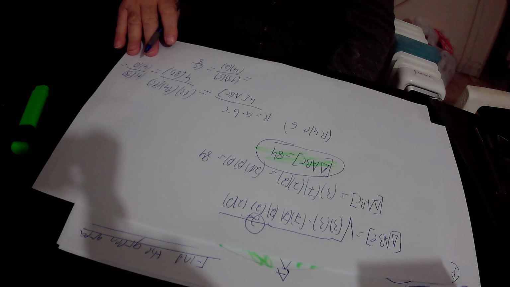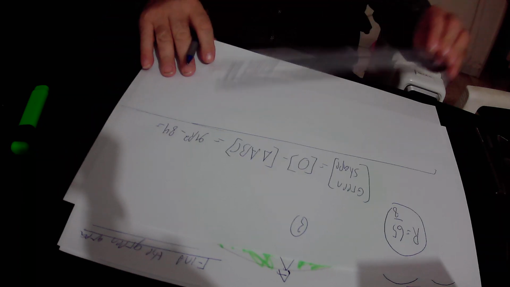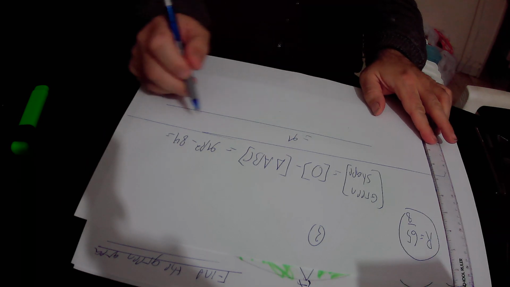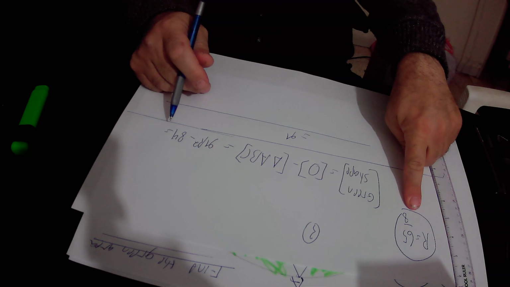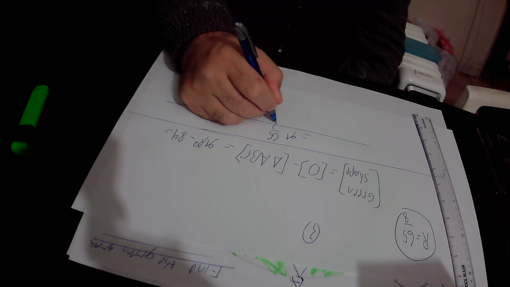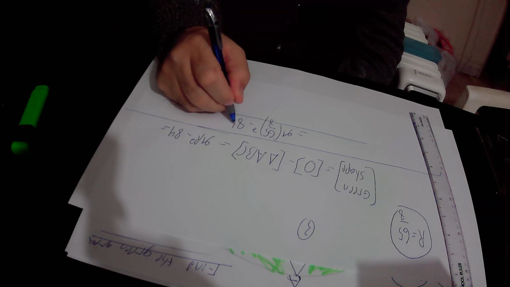I repeat again that we've already found out that the area of triangle ABC equals 84 square units. The area of the circle is equal to pi times r square. R equals 65/8, therefore r square is 65/8 squared, minus the area of the triangle that is 84 square units.